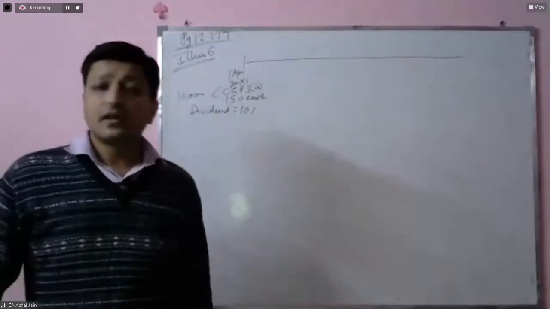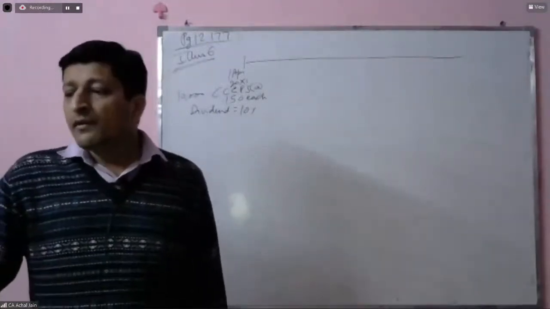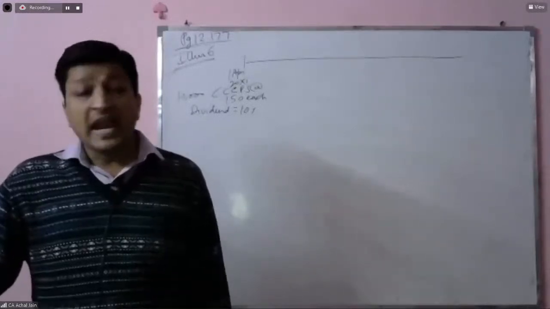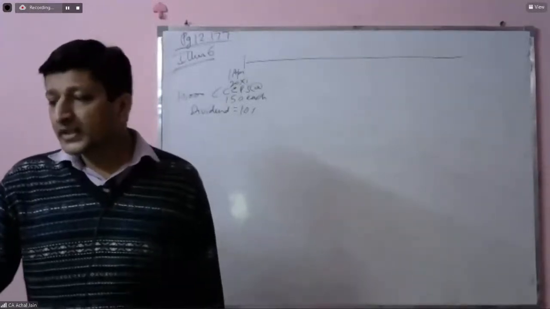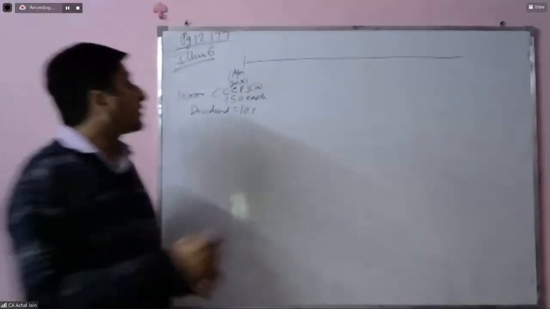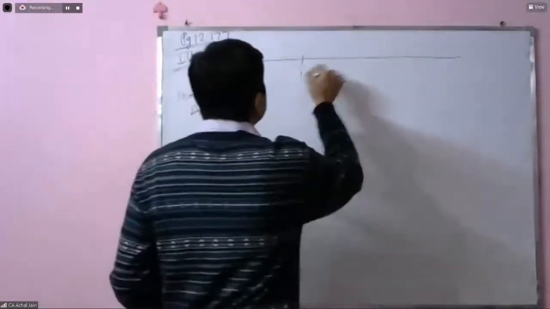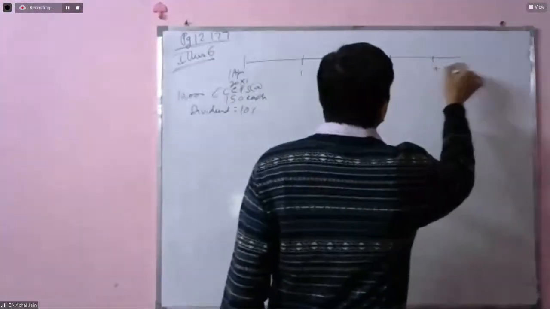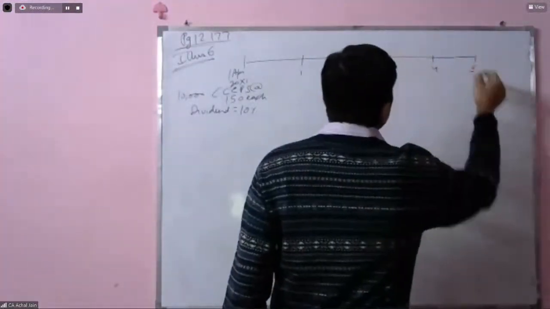Preference shares are convertible into 5,000 equity shares of the company at the end of the 5th year from the date of allotment. So we have the 1st year, 2nd year, 3rd year, 4th year, and 5th year.